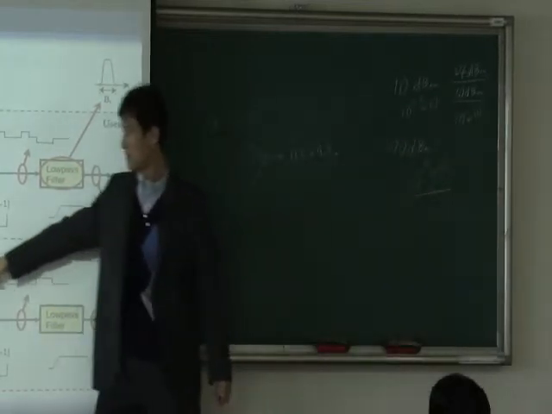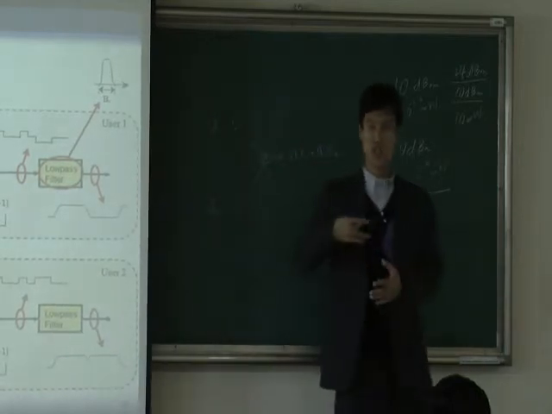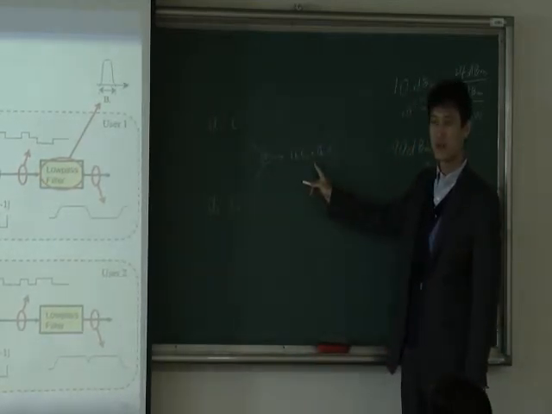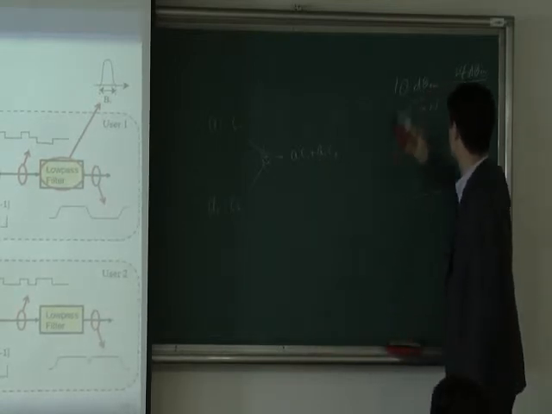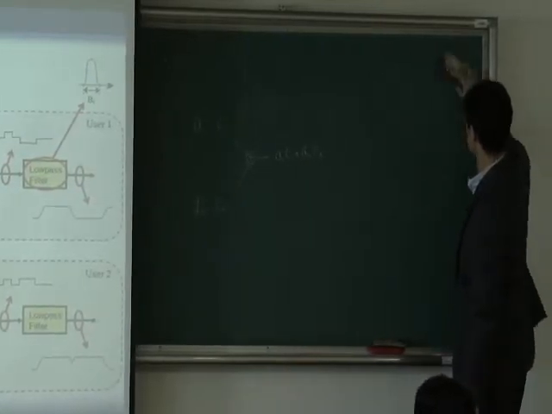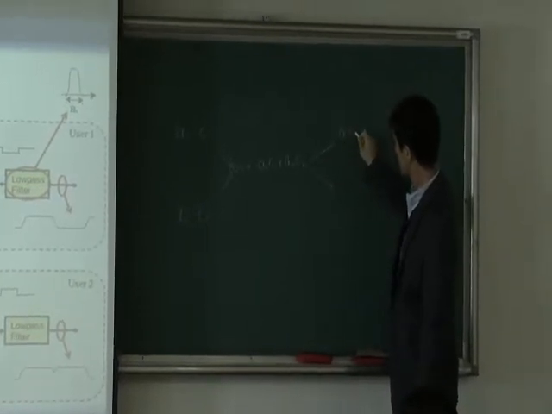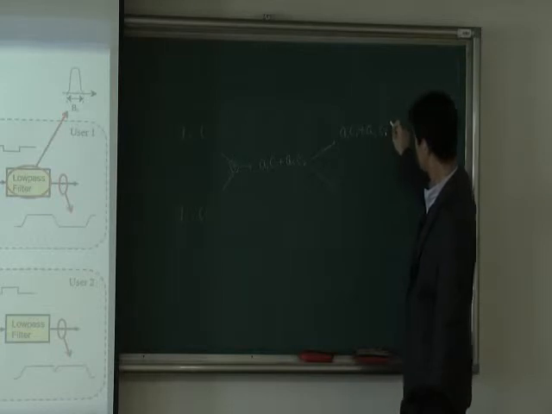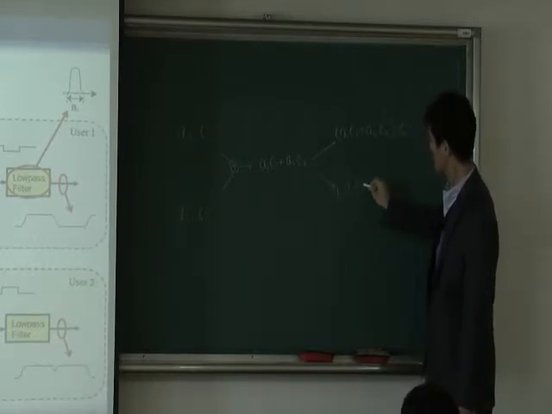So the base station now receives this, and now you want to multiply user 1's code.